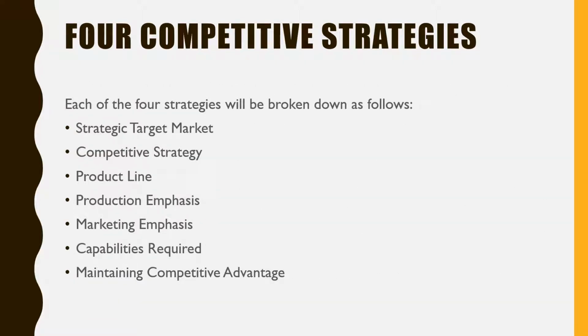In the next few slides, each of the 4 strategies will be broken down as follows: strategic target market, competitive strategy, product line, production emphasis, marketing emphasis, capabilities and resources required, and maintaining competitive advantage.